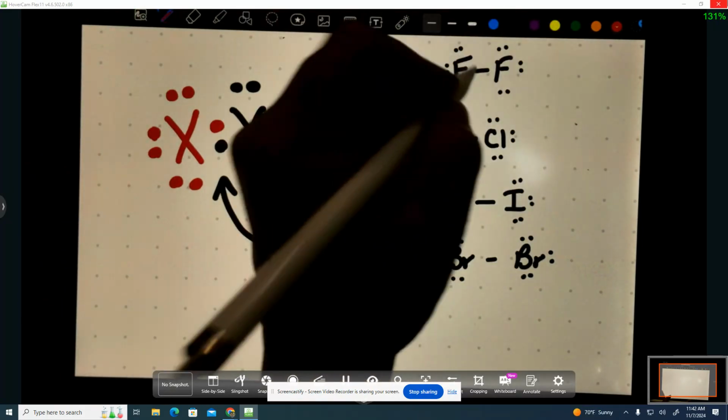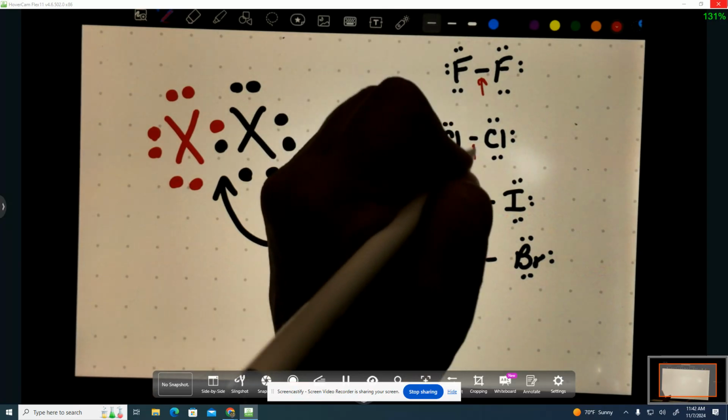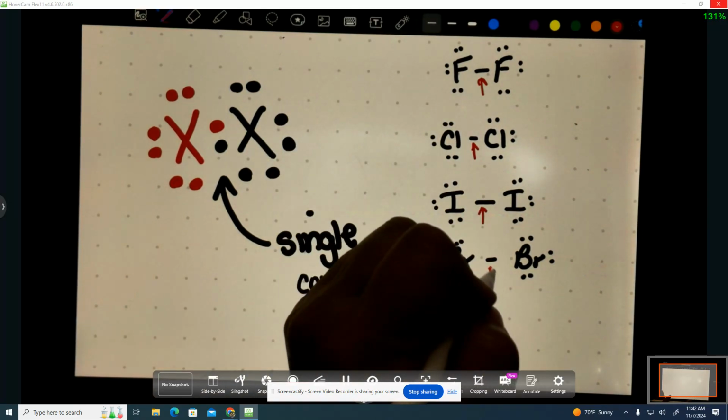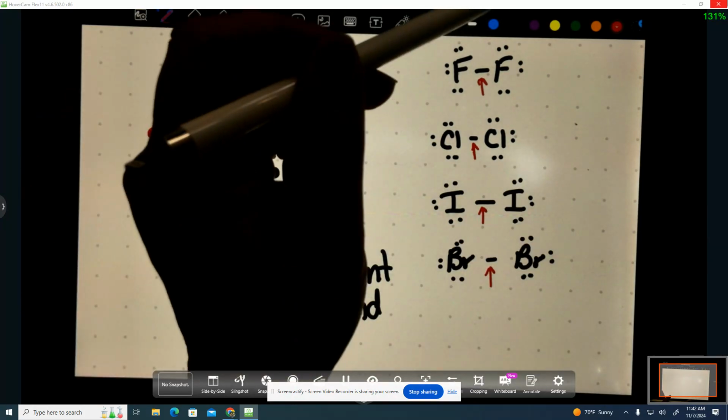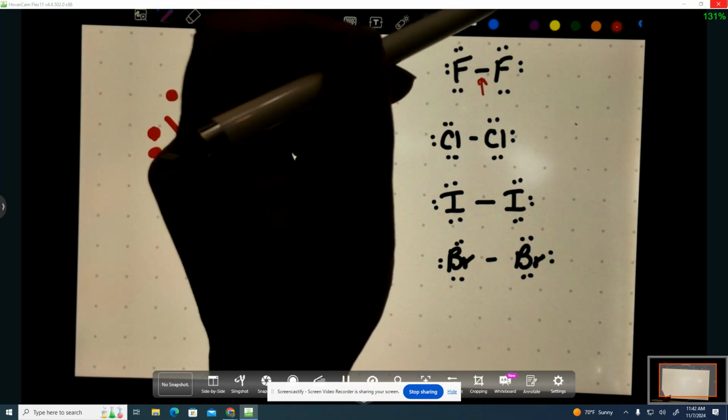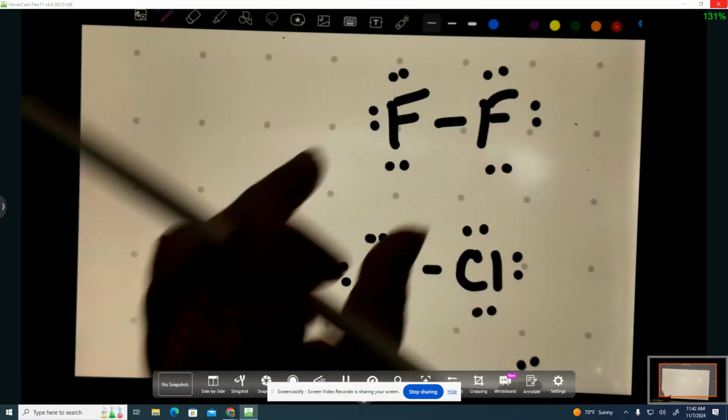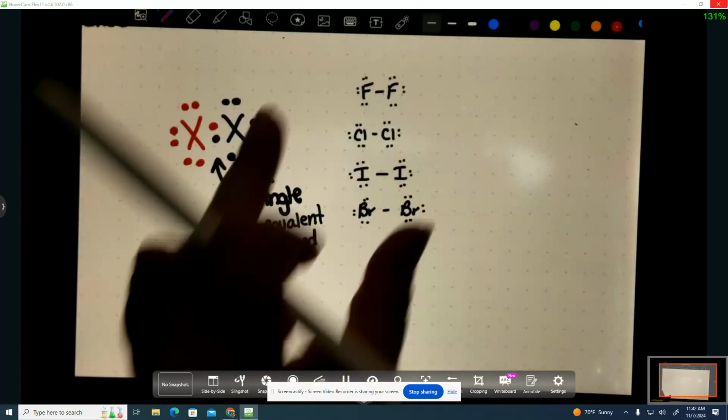And that single covalent bond is right here, right here, right here, and right here. Okay? Each single covalent bond has 2 electrons in it. Now these guys, you can finish copying it.